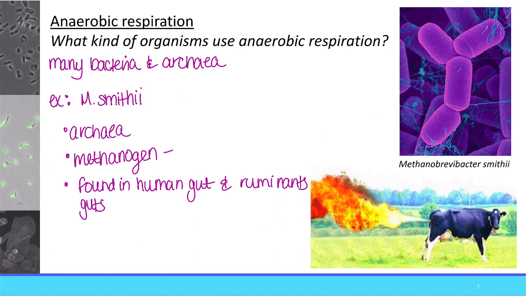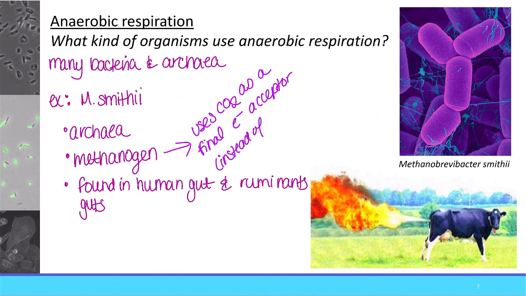It turns out the reason is that it uses CO2 as a final electron acceptor, of course instead of oxygen. And when it uses CO2 as a final electron acceptor, it actually produces methane.